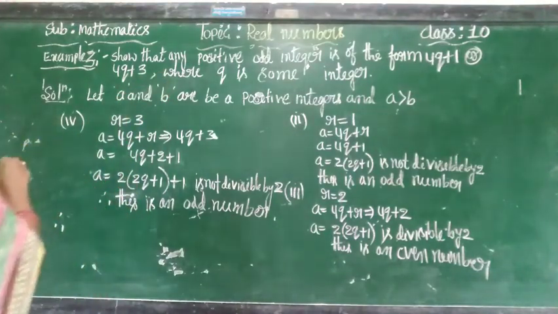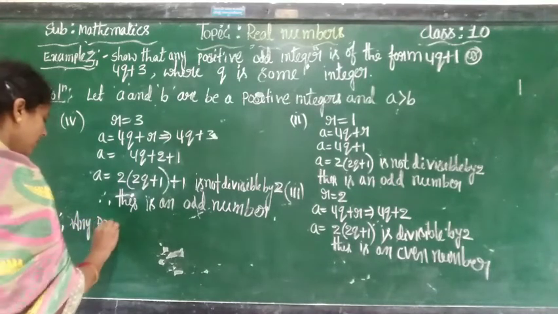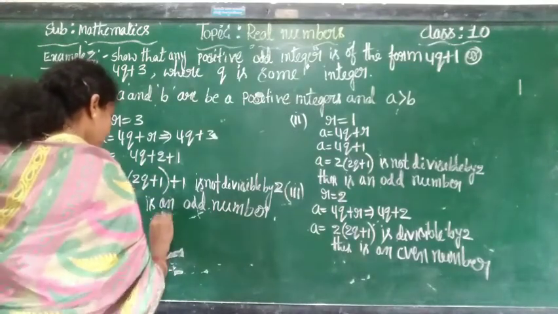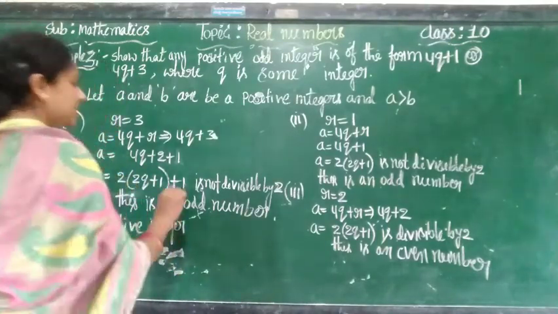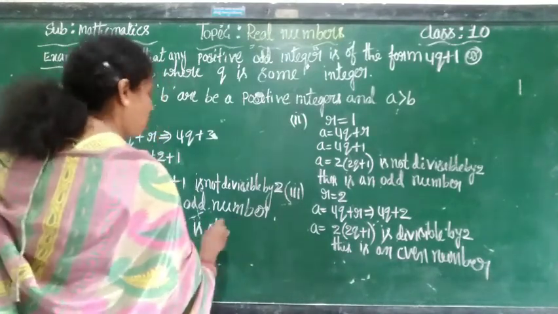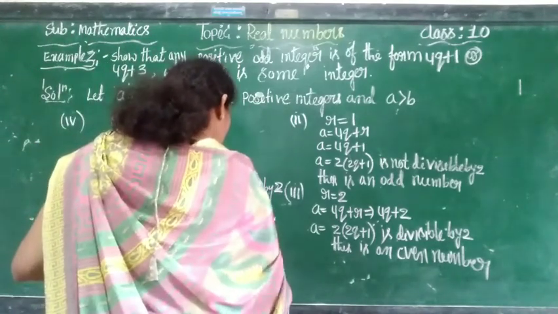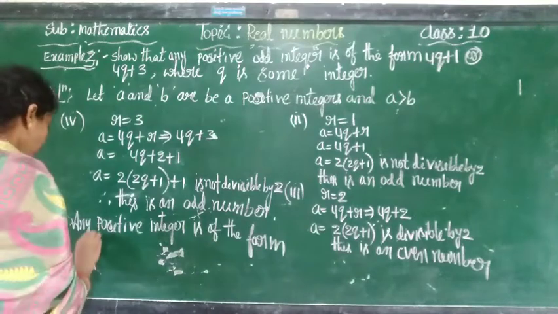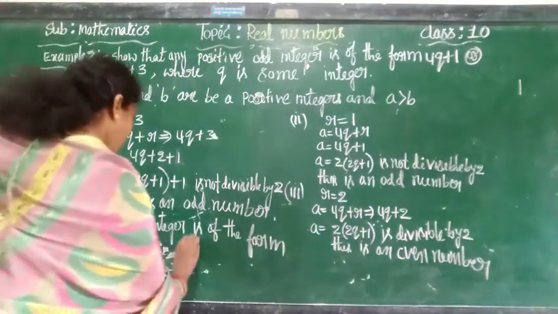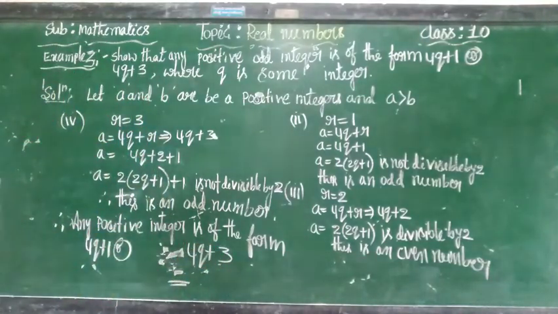Therefore, any positive integer is of the form 4q plus 1 or 4q plus 3, where q is some integer.